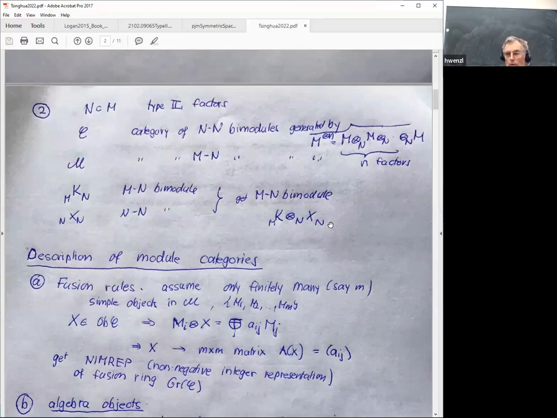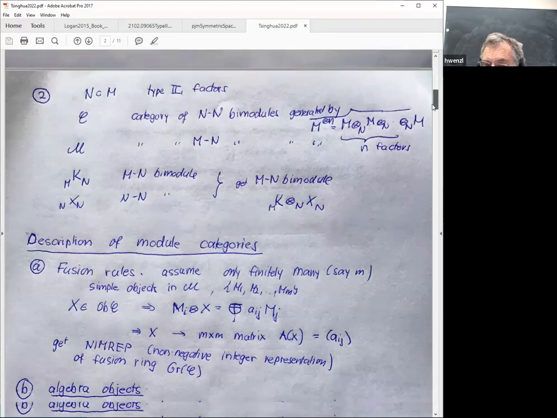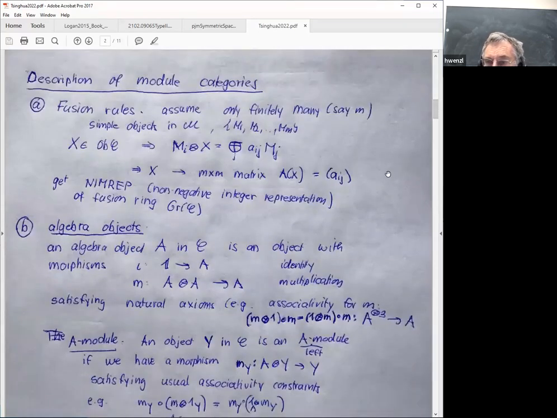Now how do we describe or classify such module categories? Of course, we have fusion rules, which is pretty straightforward. For simplicity, we only assume that we have finitely many irreducible modules in our module category, as well as in our tensor category, up to isomorphism.